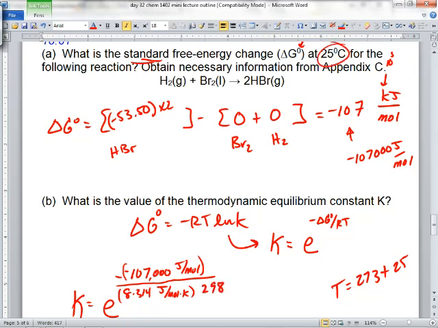Okay, plug that stuff in and see what you get. See if you know how to do the e button. I got about 5.7 times 10 to the 18th.